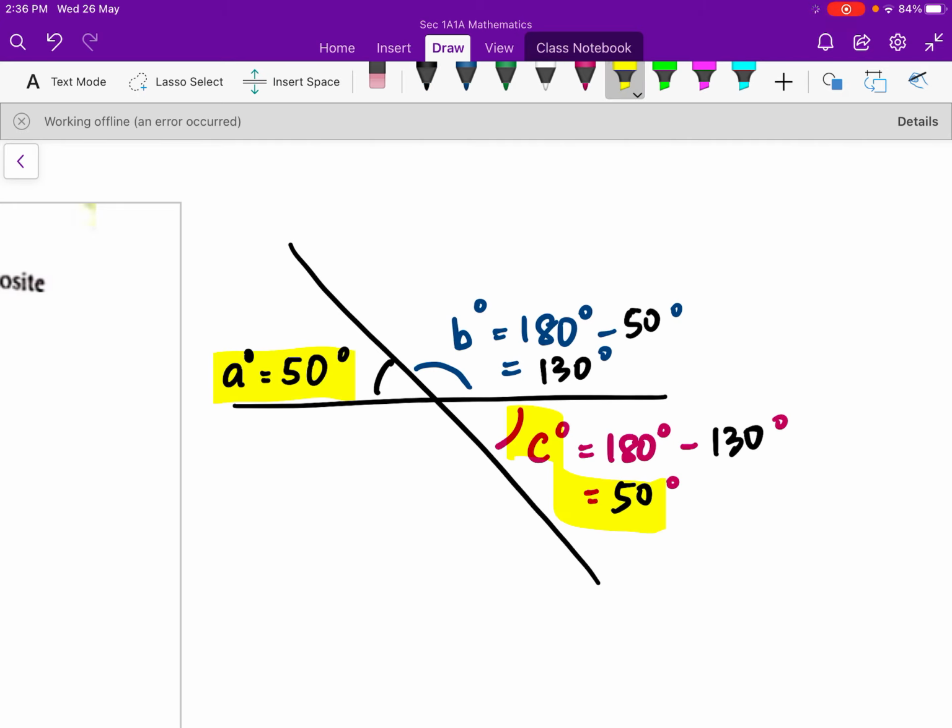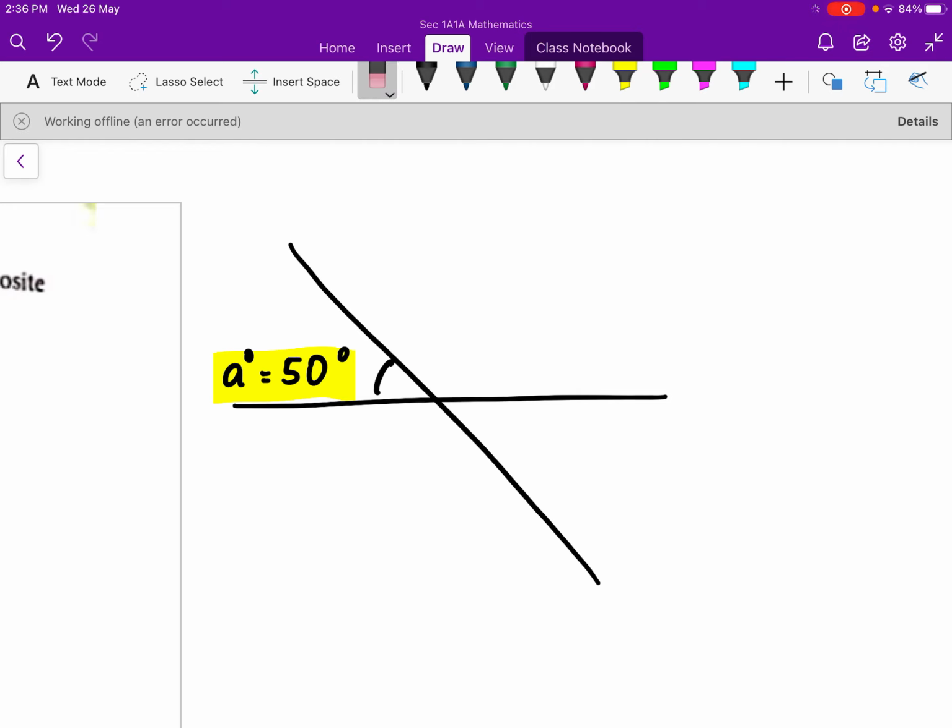So in summary, if this angle A has a value of, let's say, 30 degrees, then I know that this angle C also has a value of 30 degrees. They have the same size. If this is 48 degrees, this will also be 48 degrees.